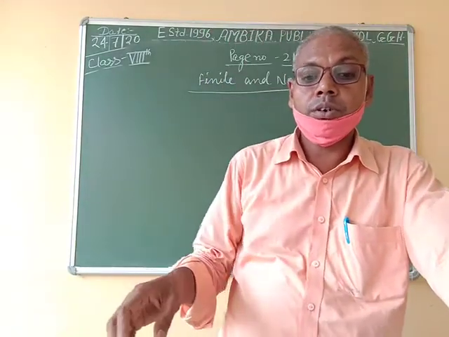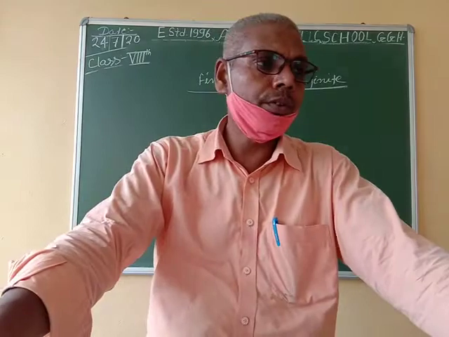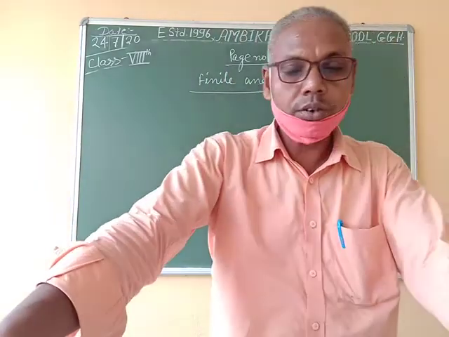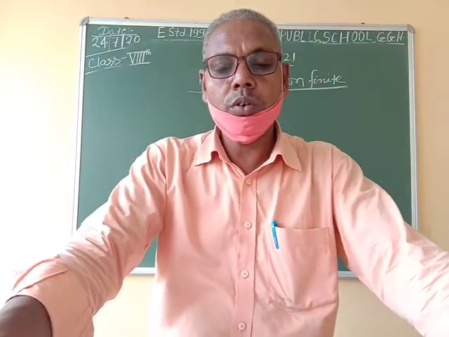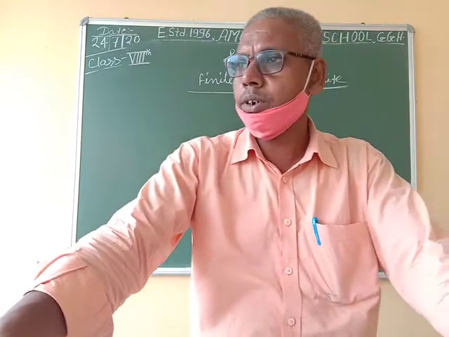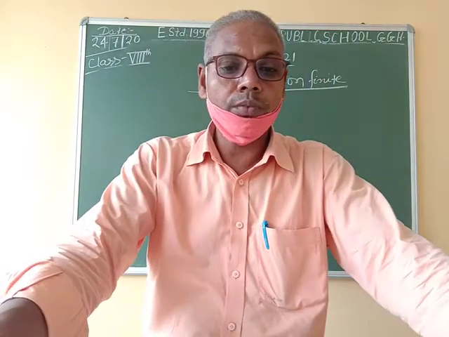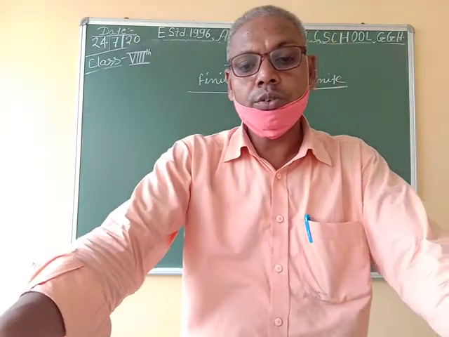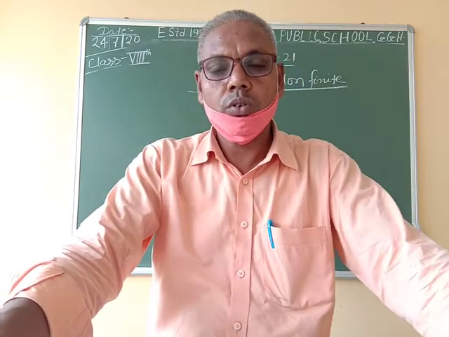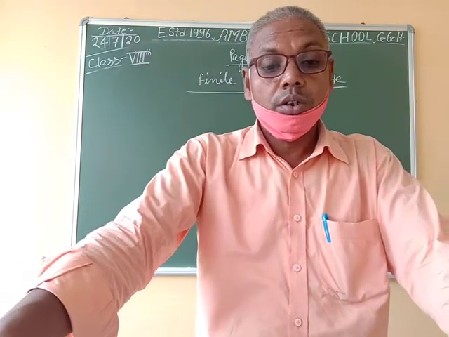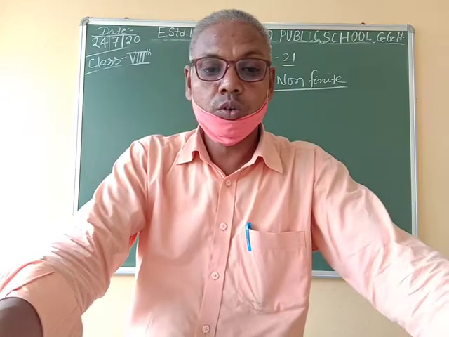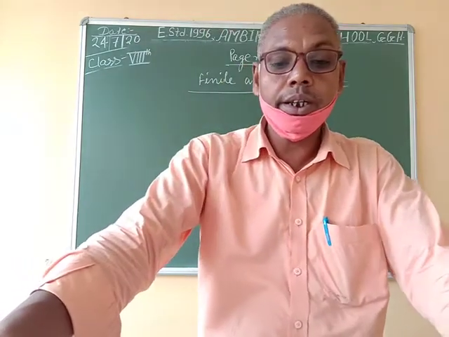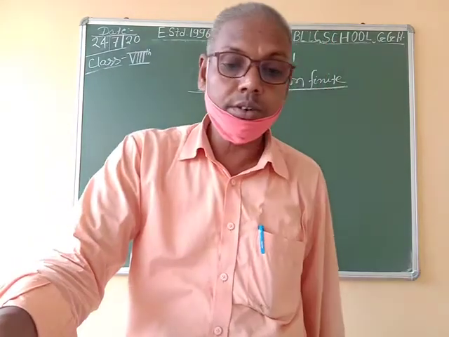At first we have to know the finite verb. Before this class we have already taught you, and a lot of time we have discussed the finite verb, so it is compulsory to know what a finite verb is. A finite verb always indicates tense, person and number.